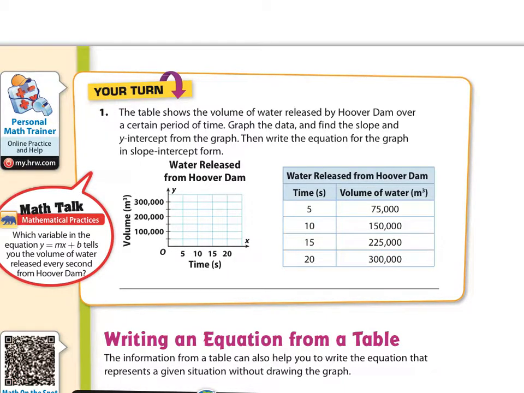So let's graph this. Looking at my graph that they already have created for me, the time here goes by 5 seconds, which works for us here. The volume of water looks like it goes by 50,000 for every single box.